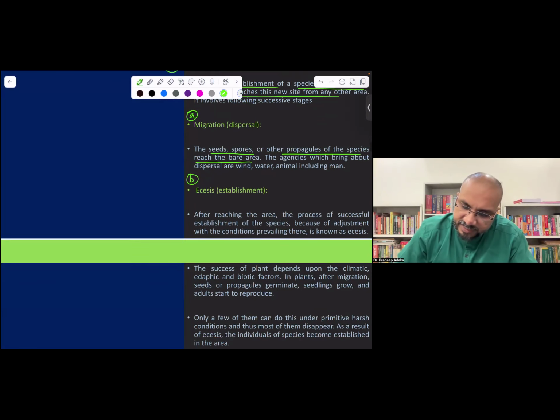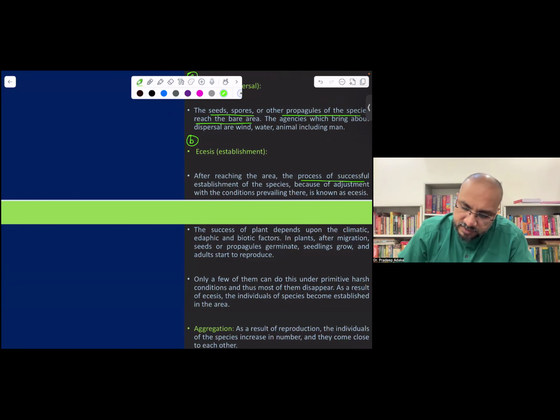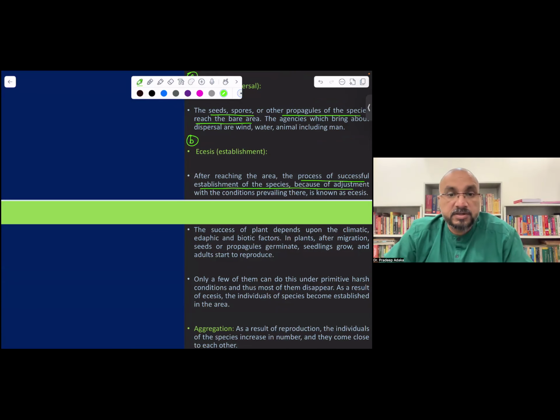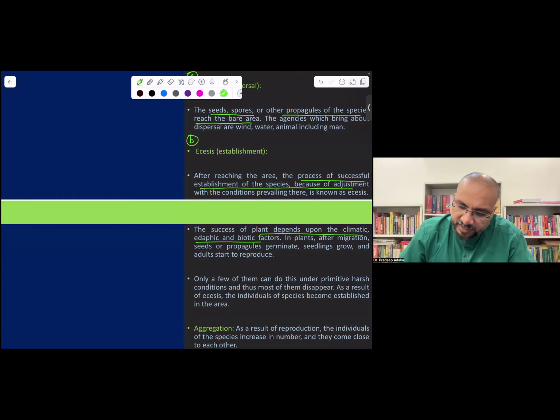So after reaching the area, the process of successful establishment of the species begins because it will adjust to the abiotic condition. So the species that has entered this area will adjust to the conditions and it will establish itself. So success of a plant depends upon the climatic or soil conditions. Edaphic means soil conditions.